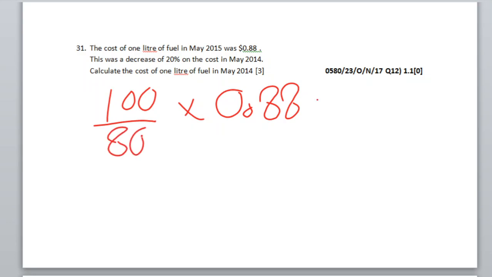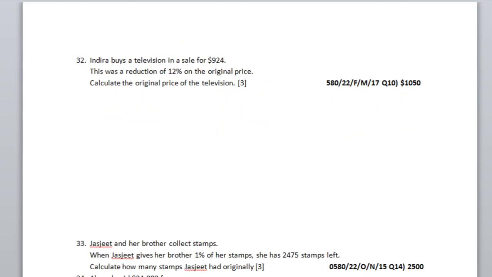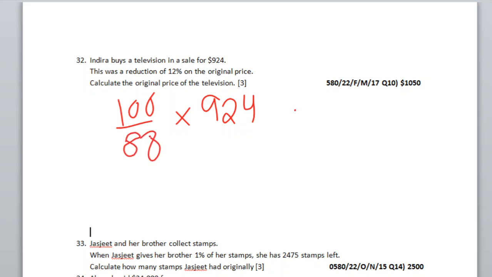So this will give 1.1. Question number 32. Indra buys a television in a sale for $924. This was a reduction of 12% on the original price. Calculate the original price. So 924 times 100 over 100 minus 12 will be 88. This will give us 1050.